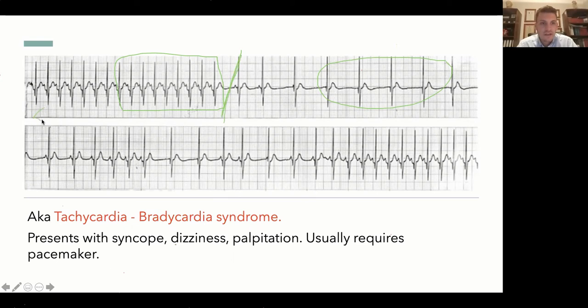This is regular, and this is regular, but separately, okay? So this makes sense. Can anyone tell me what the heart rate is on the first part of the ECG, okay? Can someone tell me? Anyone?